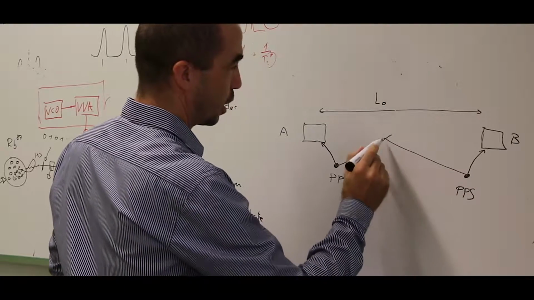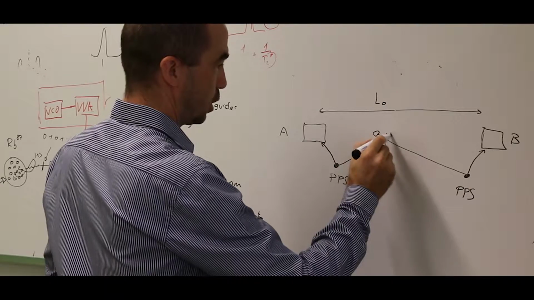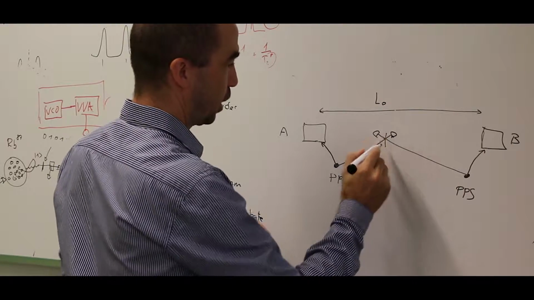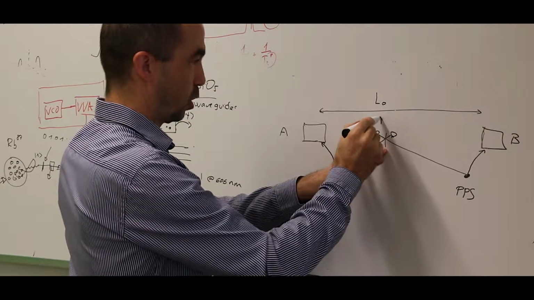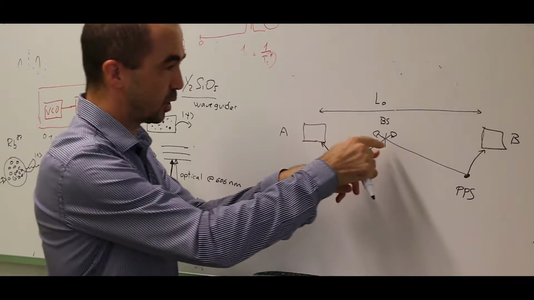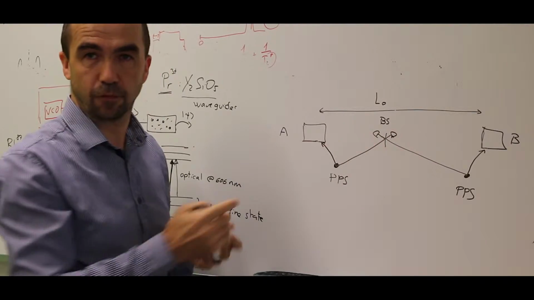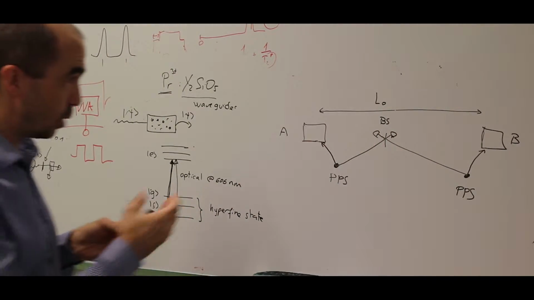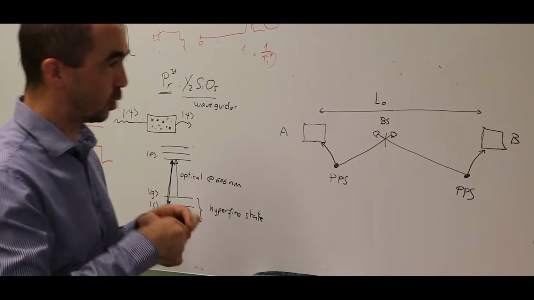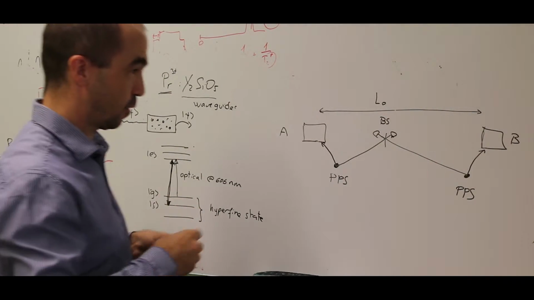At the central location between these two, the photons will interfere at what we call a beam splitter. Here the photon has 50% chance of being transmitted and 50% chance of being reflected. Basically, the role of this beam splitter is to erase the information about the origin of the photon.